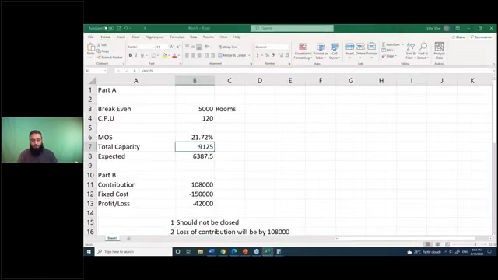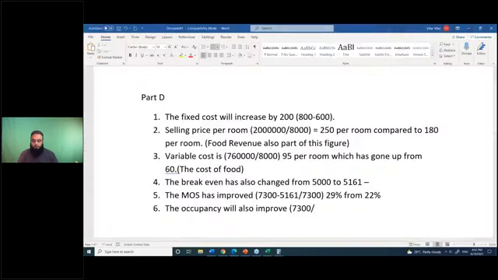Okay. So 9,125, which means that your capacity now is 80%. That's good. 80% from 70% previously. So you can see this is what you have to write, and again, no bullets.